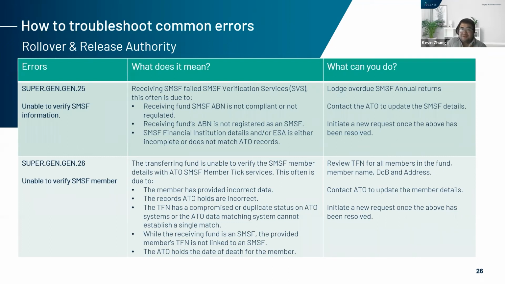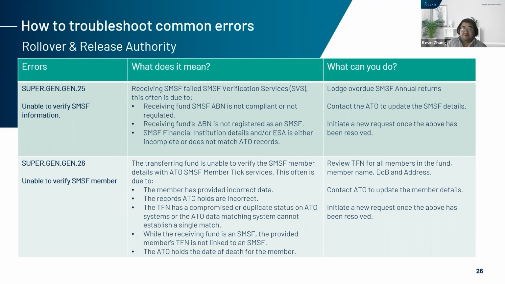The reason you get this error message is often because, one, the transferring fund or receiving fund sending the details to check the receiving fund failed the SMSF verification service. It's often caused by the fact that the ABN associated with the SMSF is non-compliant or not regulated, usually due to non-lodgement of the returns.